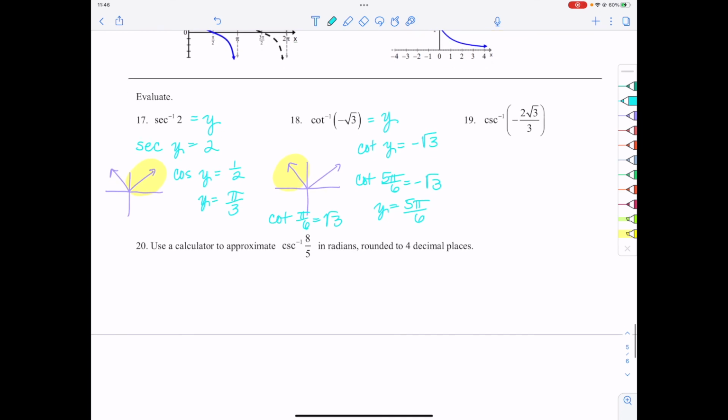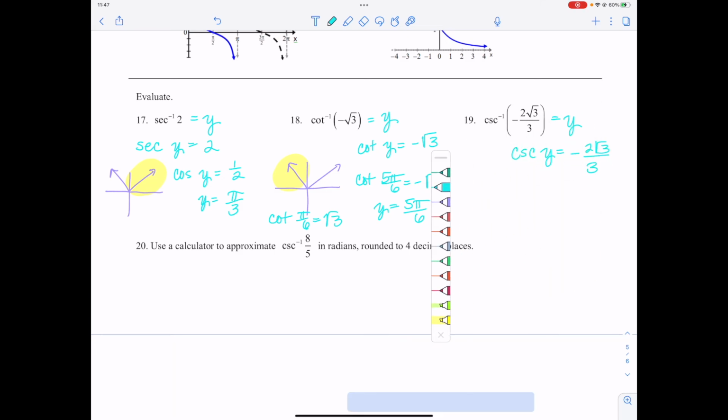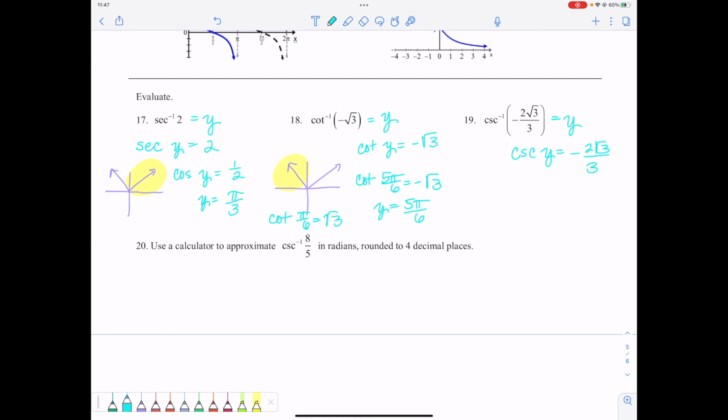Okay, let's look at number 19, the cosecant inverse of the opposite of 2 root 3 over 3. We'll let that equal y. So the cosecant of y is the opposite of 2 root 3 over 3. Now, we must provide an angle for the cosecant that is between negative pi over 2 and 0, and then 0 to pi over 2. So it would have to be in this location or this location.